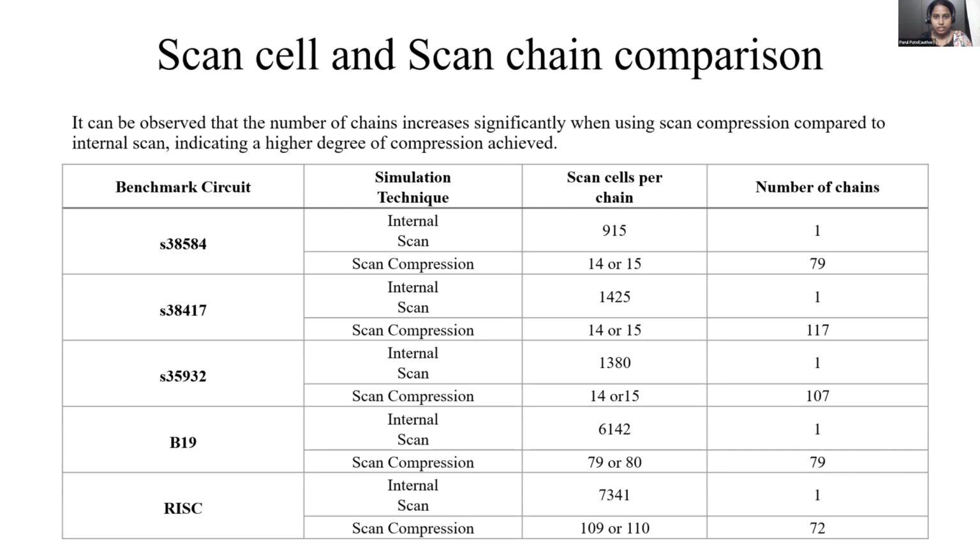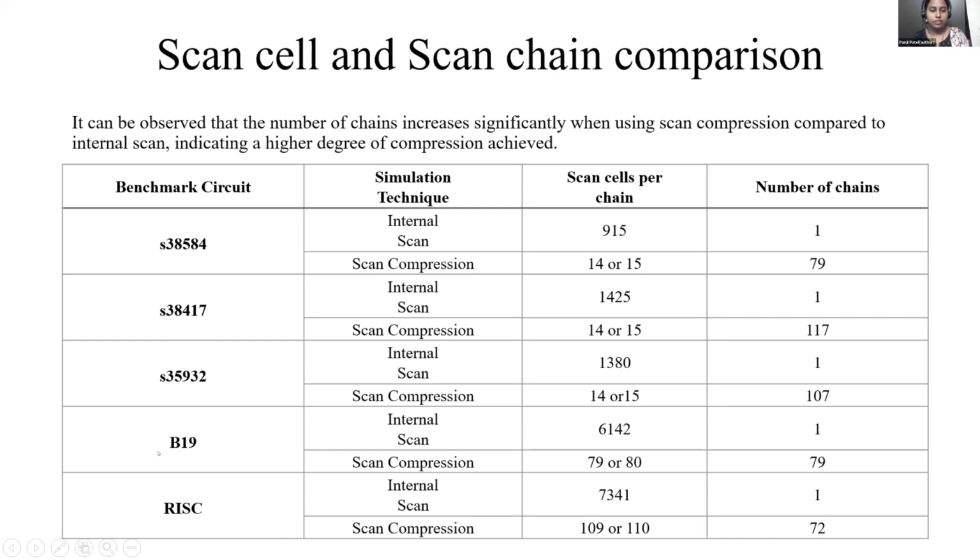Now this is a scan cell per chain comparison for the entire 5 circuits that I have used for doing this research. For 38584, we have a single chain of 915 scan cells for internal scan, and I have kept the same for smaller designs, 14 to 15 scan cells per chain for scan compression.